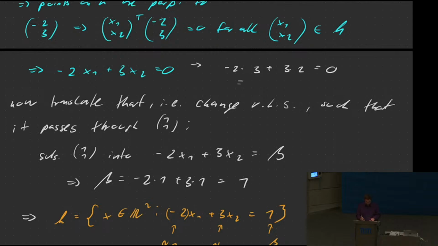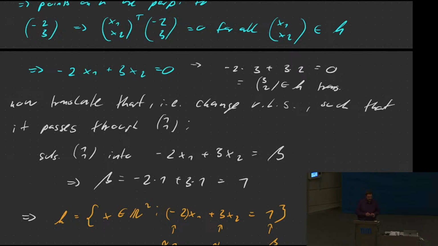That means (-2, 3) is in this H translated, right? That's one of the points that is on that translated version of H that passes through the origin.